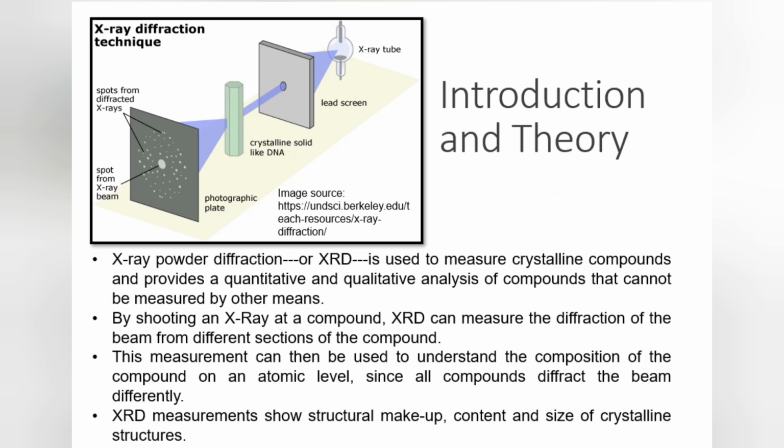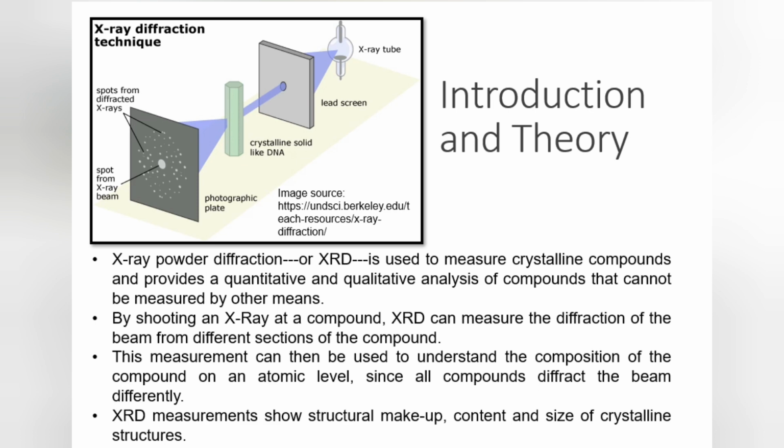So its basic principle is you just impart X-rays, that is, there is a source of X-ray. We will discuss the different sources available, like radioisotopes. Firstly, these X-rays are exposed to a lead screen, and then through this lead screen they come in contact with your compound, which can be any crystalline substance.